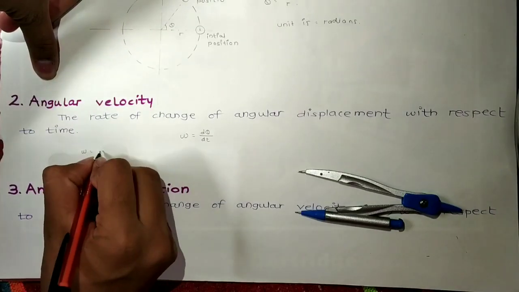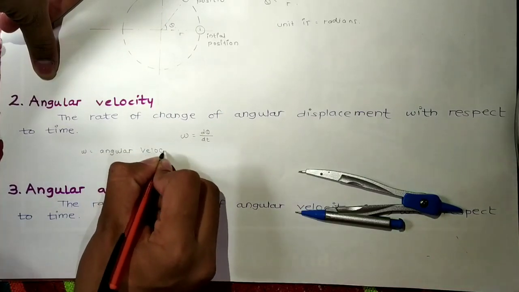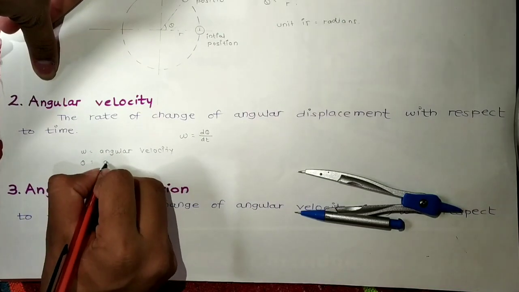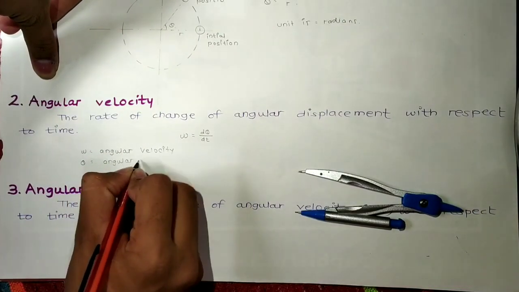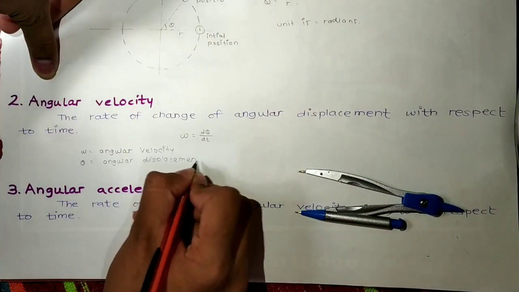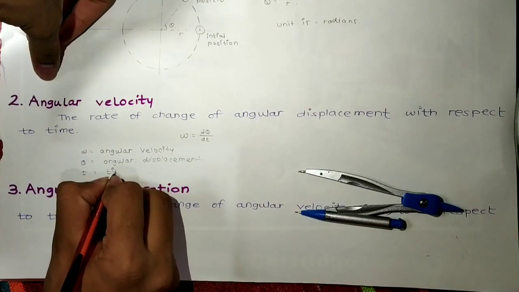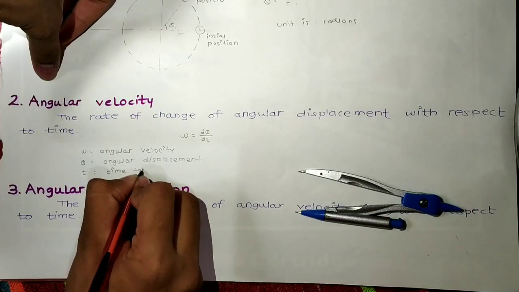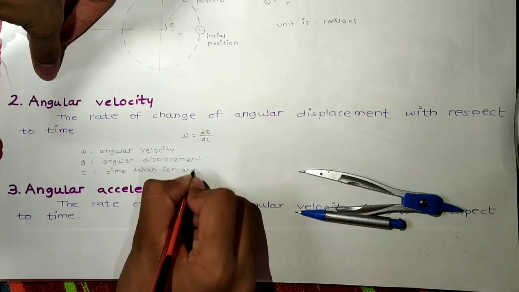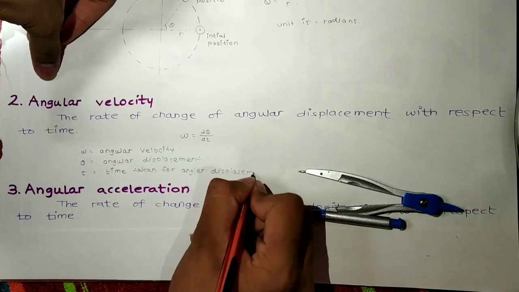Omega means angular velocity, theta means angular displacement, and t means time taken for the angular displacement.